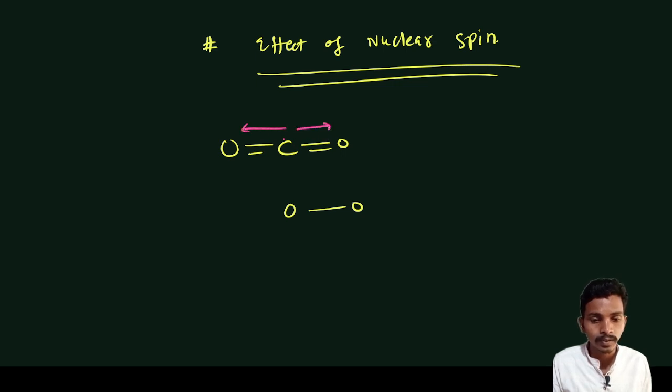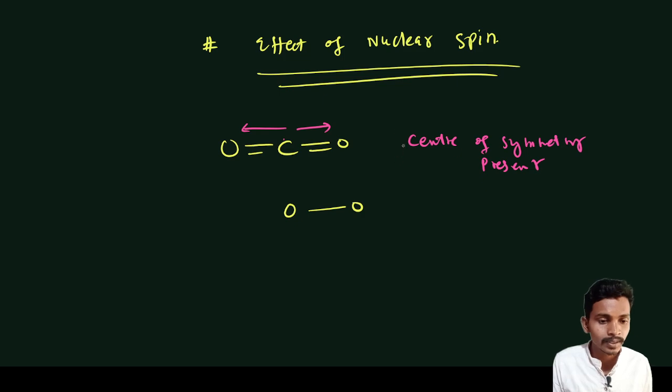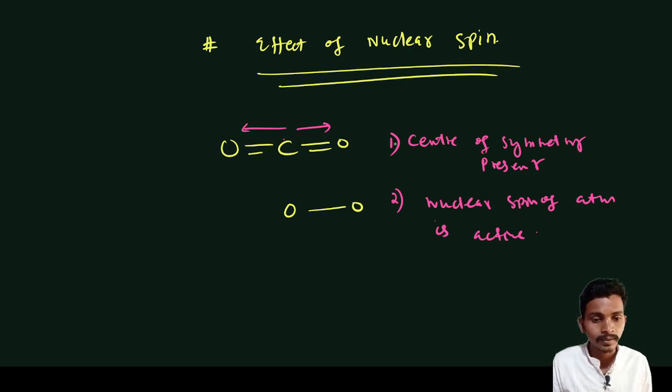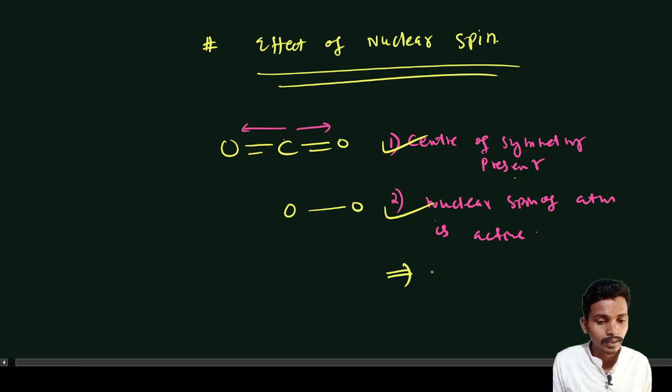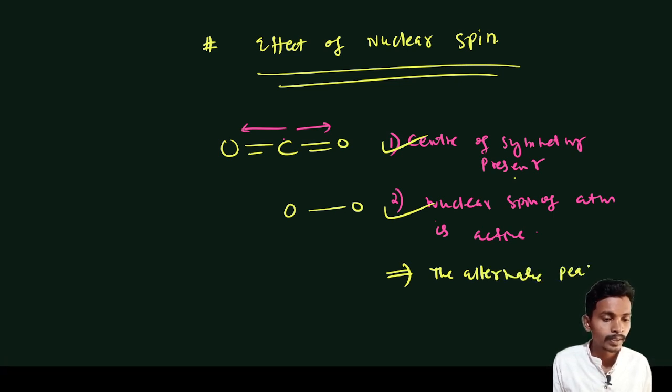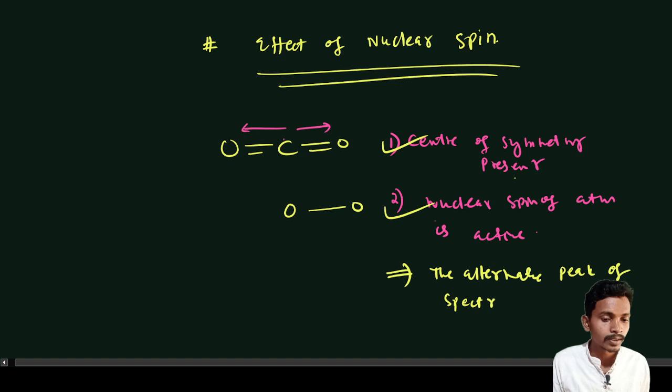If we move from here to here, here to here, the center of symmetry is present. If the center of symmetry is present, and secondly the nuclear spin of the atom is active, then if these two conditions are satisfied, the alternate peak of the spectra will be missing.